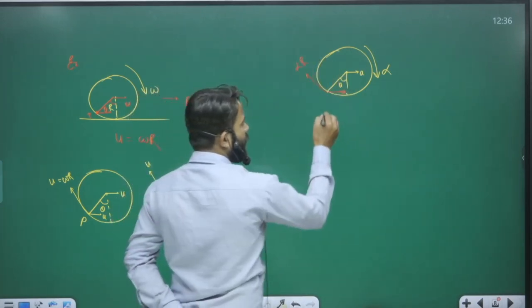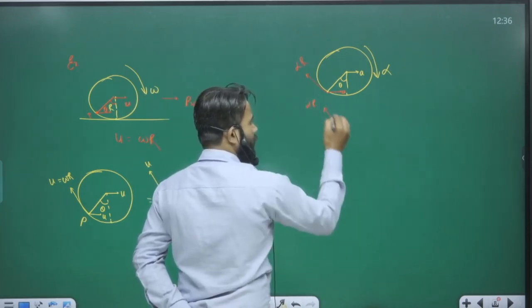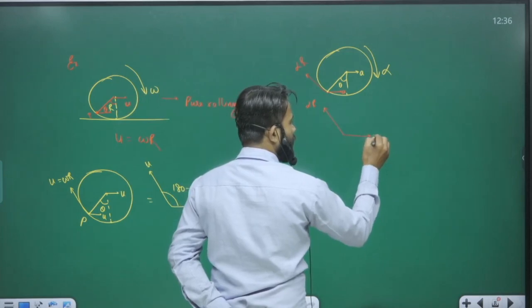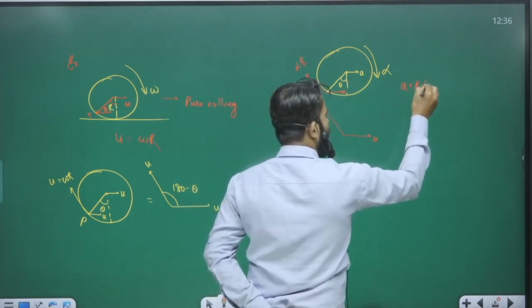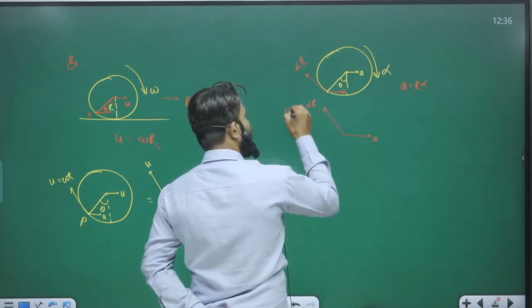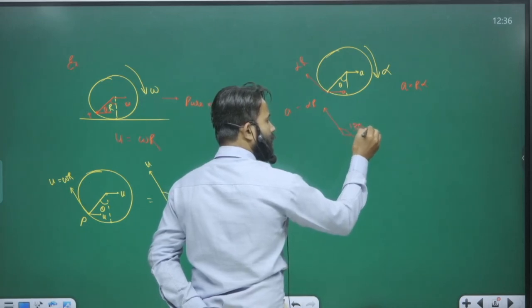Again the vector diagram can be drawn like this: this is alpha r and this is a. As it is in pure rolling, a must be equal to R alpha. This angle will again be 180 minus theta.